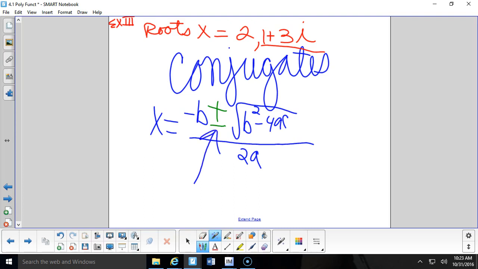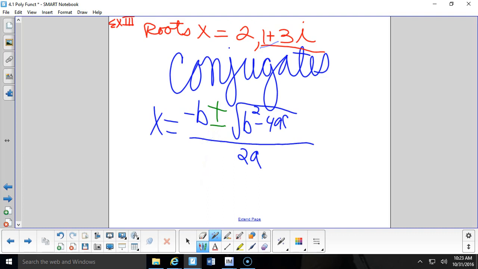When I had the original polynomial and found the factors, one of the factors was a quadratic that I had to plug into the quadratic formula, and when I did so, I got this plus or minus. So the answer ended up being 1 plus 3i, but there also would be a 1 minus 3i.